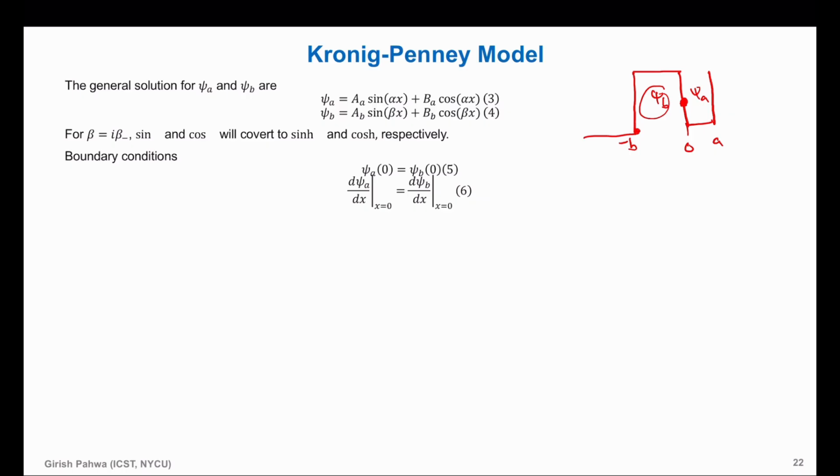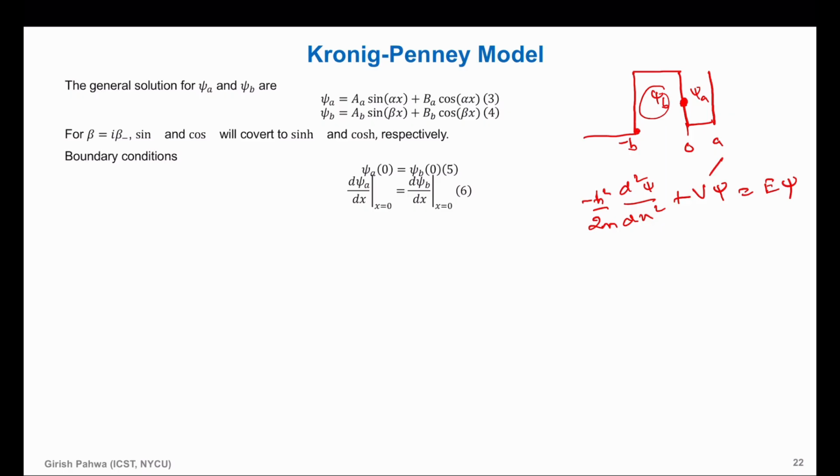Whenever you have a finite potential, finite V, derivatives will always be continuous. Why? Because the Schrodinger equation says so. d2 psi by dx square plus V psi equal to E psi.